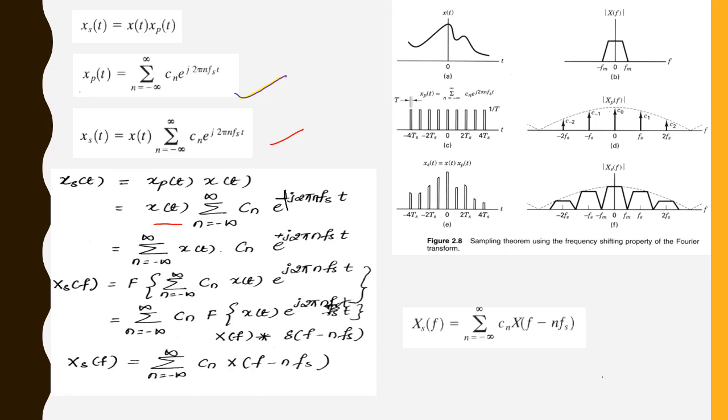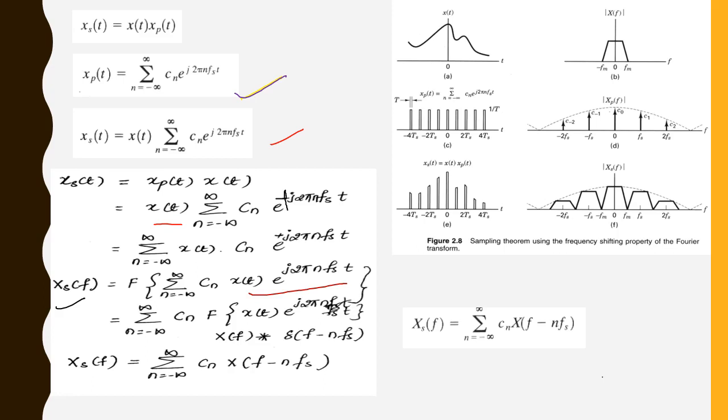The sampled waveform X_s(f) is found as the Fourier transform of summation n equal to minus infinity to plus infinity C_n x(t) e^(j2πnf_s t).